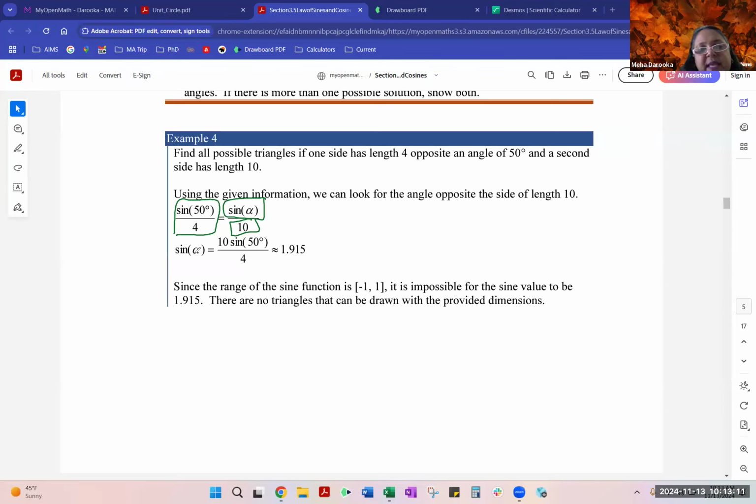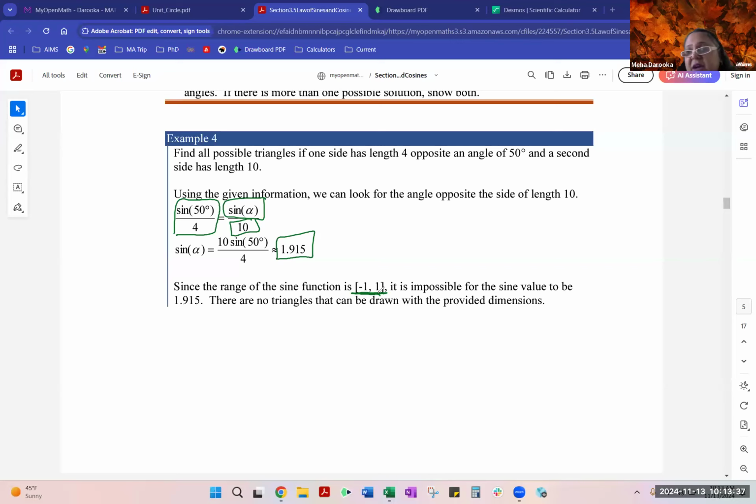So you will see when they isolate the sine of alpha by multiplying sine of 50 with 10 and then dividing by 4, that sine value is coming out to be 1.915, which is more than the range of the sine function. So since this is outside of the range of the sine function, we are actually not going to have a triangle which will satisfy these values.